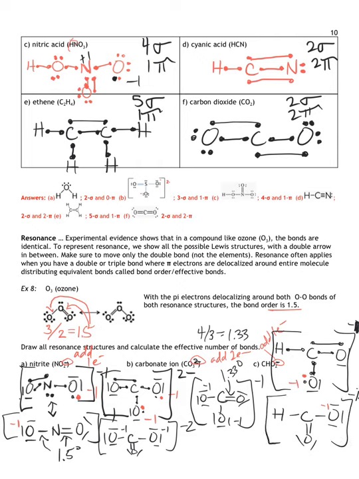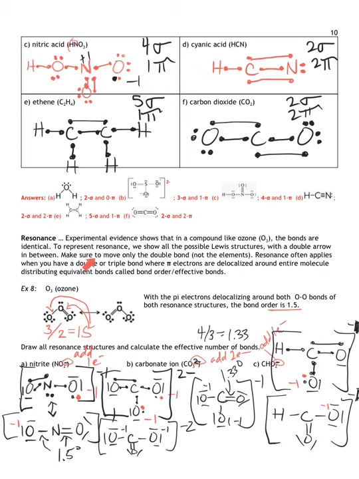Now, calculating the effective number of bonds. I cannot move the pi electrons over to the hydrogen, okay? Because hydrogen only has 1 valence electron, and it has already fulfilled the duet rule. So you cannot move the pi electrons over to here because it actually will create a completely different structure.